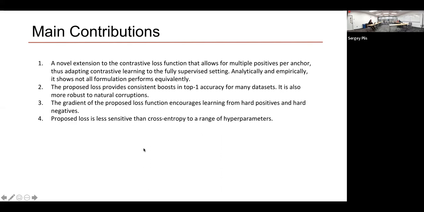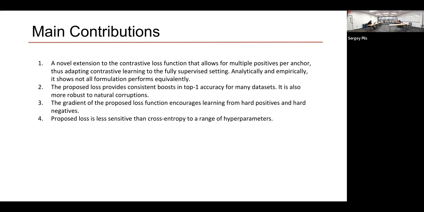Okay, and they have also shown that it is more robust. Though they started with self-supervised in comparison to self-supervised contrastive learning, basically their work is related to the traditional approach of dealing with the supervised classification problem.